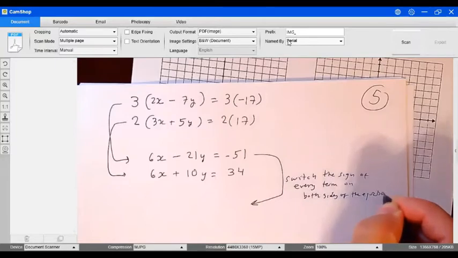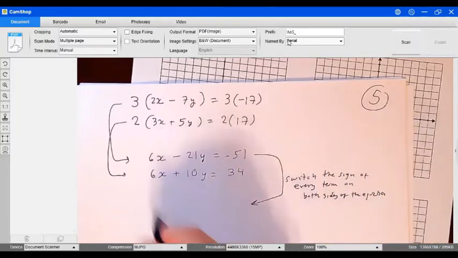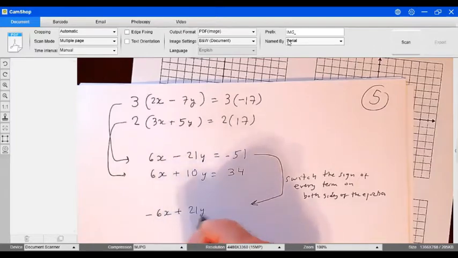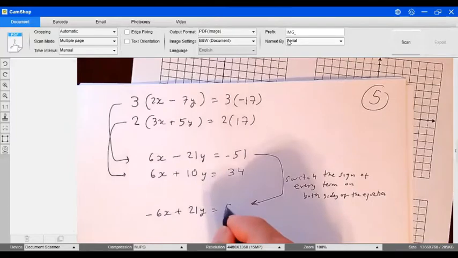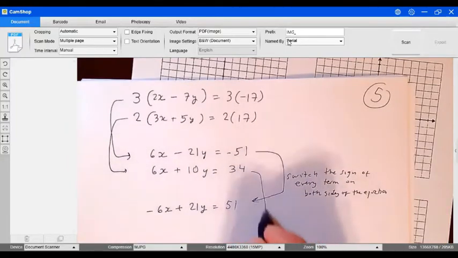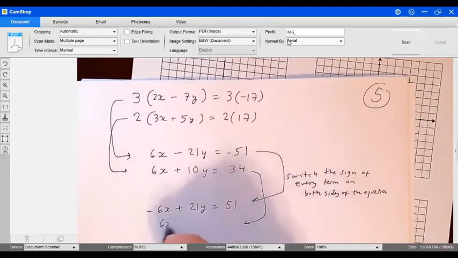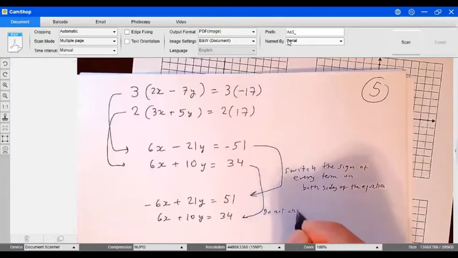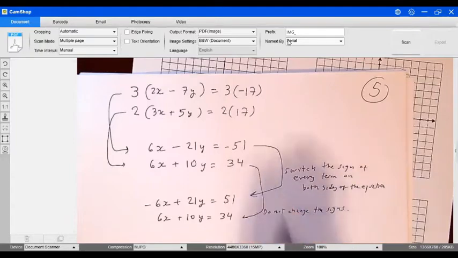This is like multiplying by -1, so I'm going to get negative 6x, positive 21y, positive 51, and the second equation is written the same way, so I don't change the sign of the second equation. So do not change the signs in the second equation, only on one of the equations.